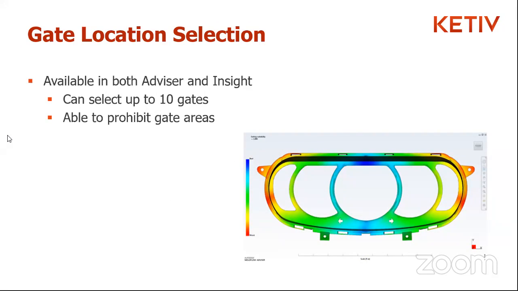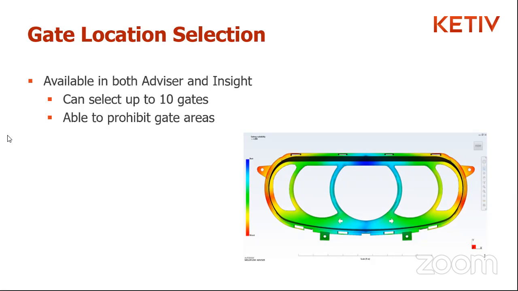Regardless of whether you have Advisor or Insight, you do have the ability to select up to 10 gates, and also to have the software tell you where the best gate location should be, right? You can also say that a particular part of the geometry is going to be fixed to something else, so you don't want any gate location in there.